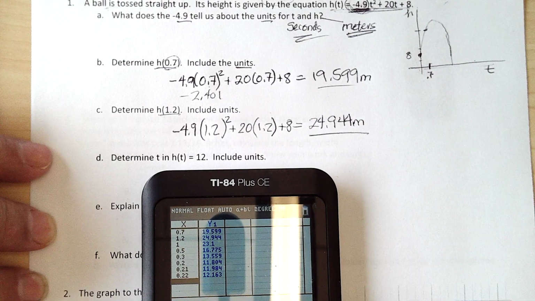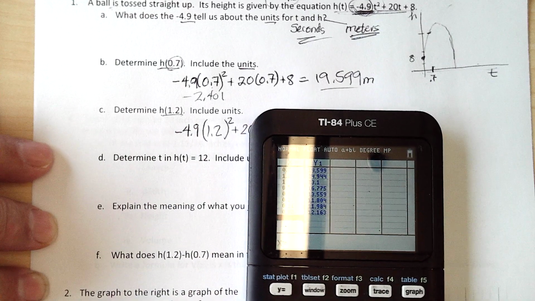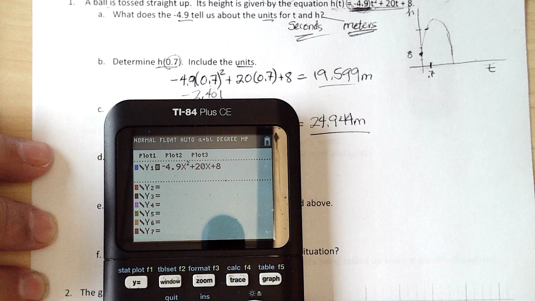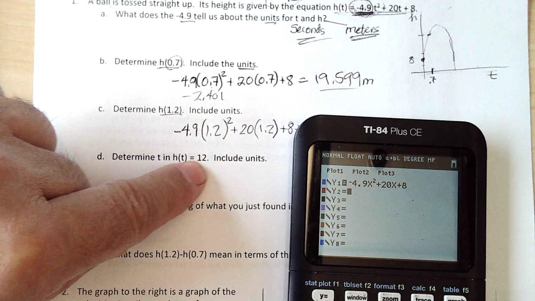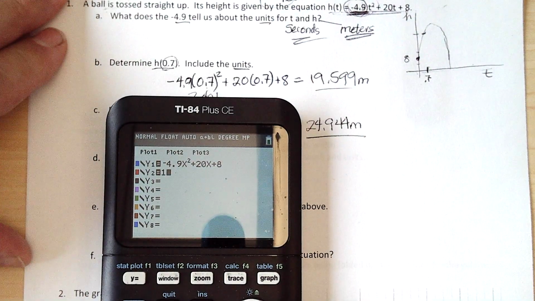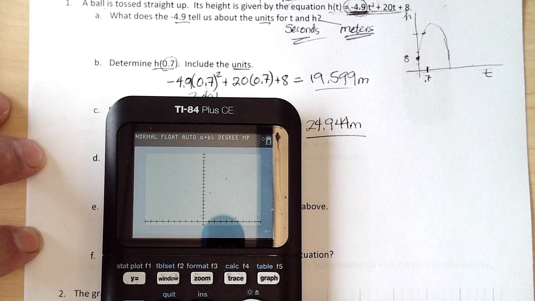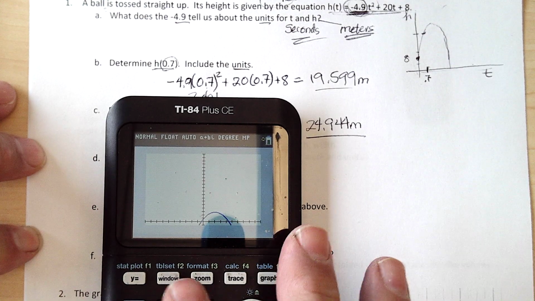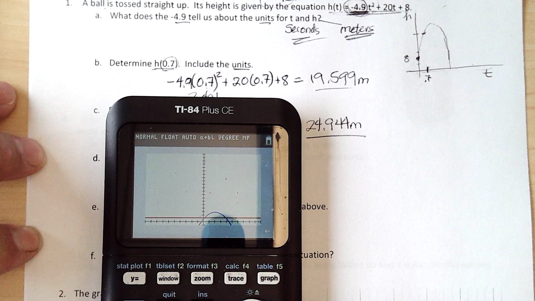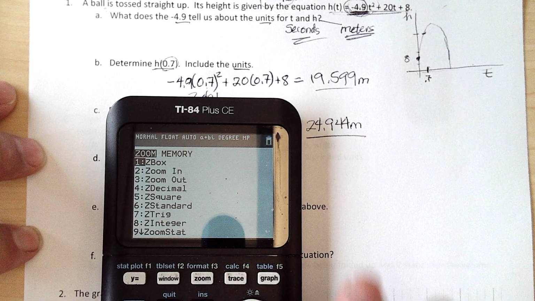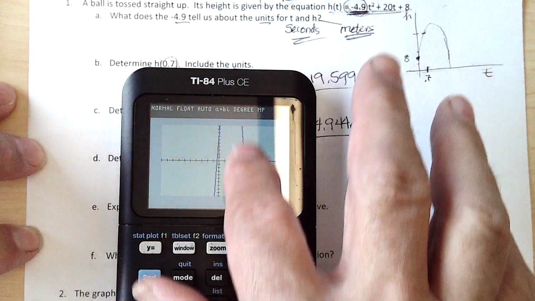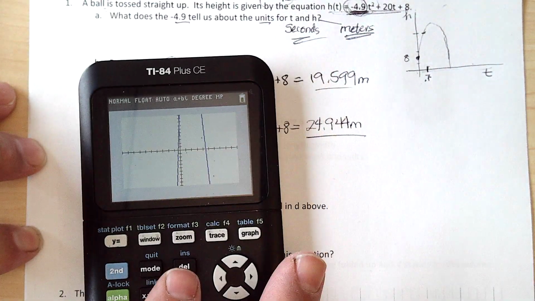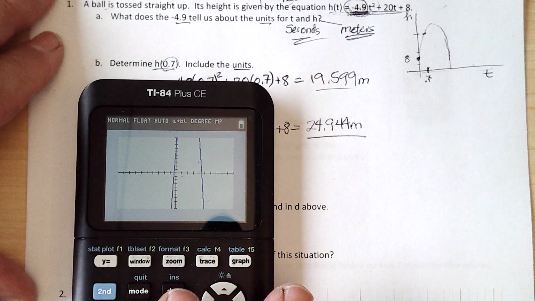I can keep guessing like that, but I can also go to my y equals and make another graph of the y height of 12. Just type in 12. Okay, now if I had zoom, let's stop here. Zoom 6. It goes off the screen and down, and you can't see the top.